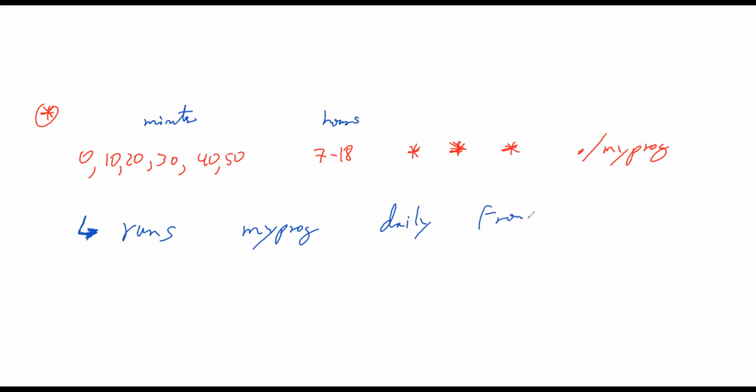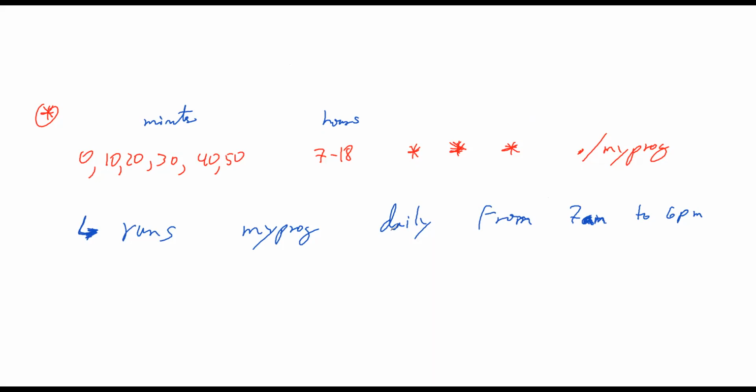From, what is that? 7 a.m., right? From 7 a.m. What is 18? 6 o'clock, 6 p.m. So from 7 a.m. to 6 p.m.